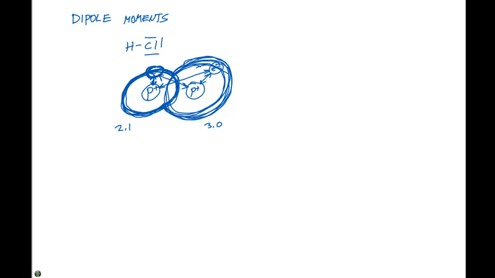So what this tells us is the electrons will spend more time on the chlorine. Therefore, they are not equally shared.